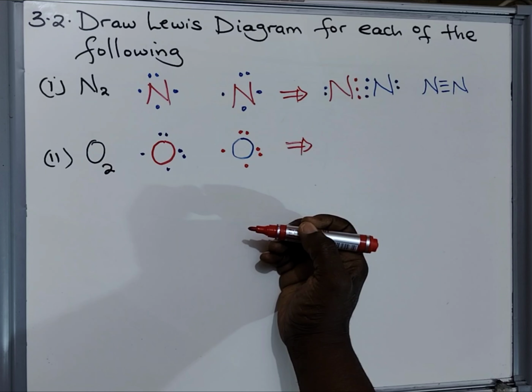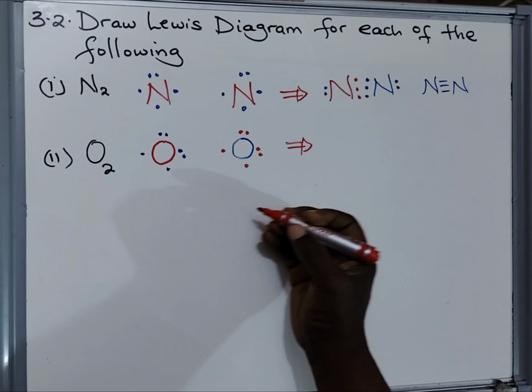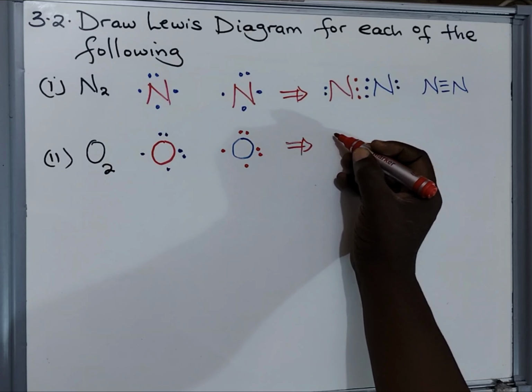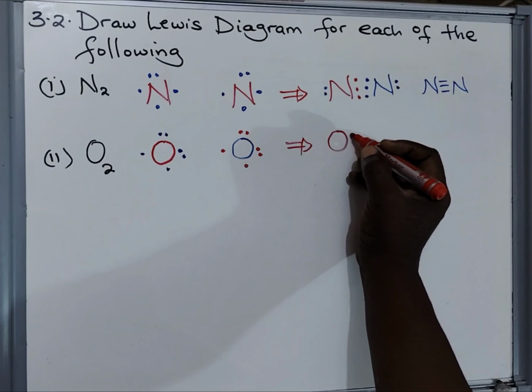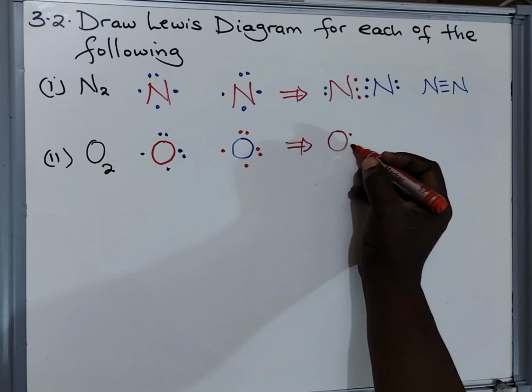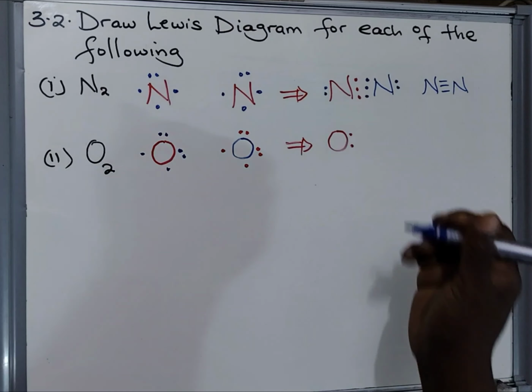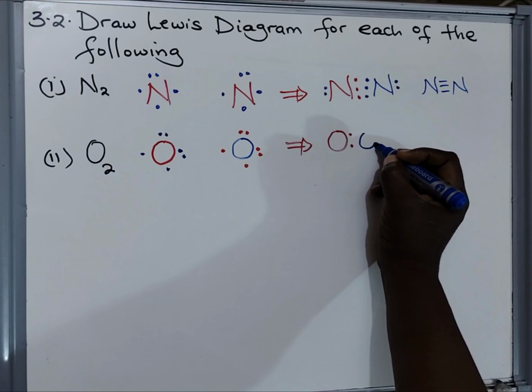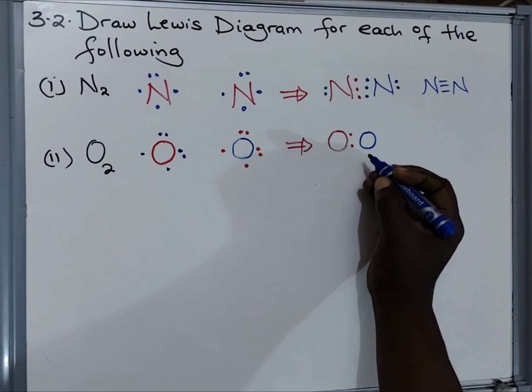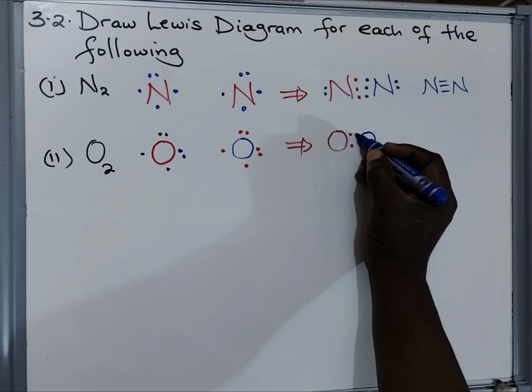So what are we going to have here? We are going to have an oxygen atom, and the two unpaired come here for bonding, and you have another oxygen atom, and the two unpaired are here.